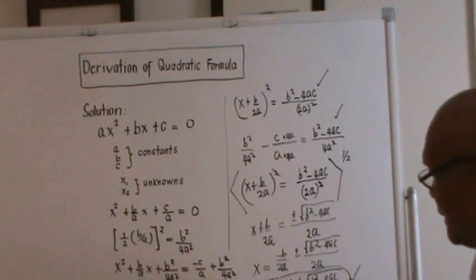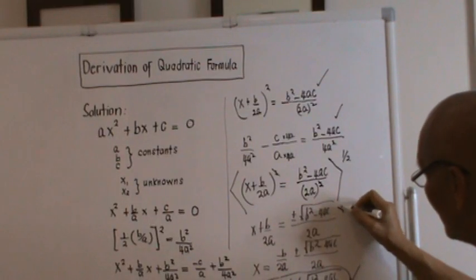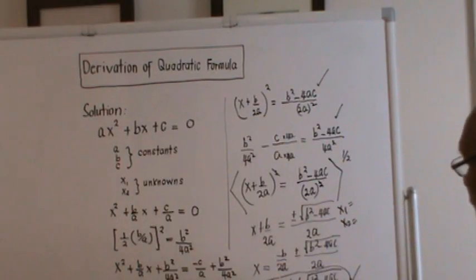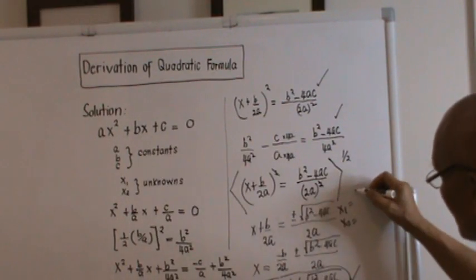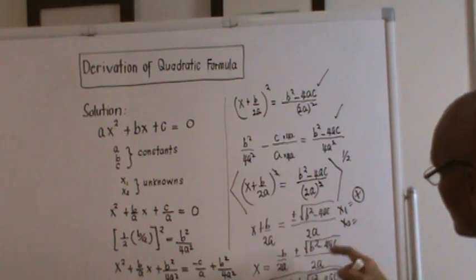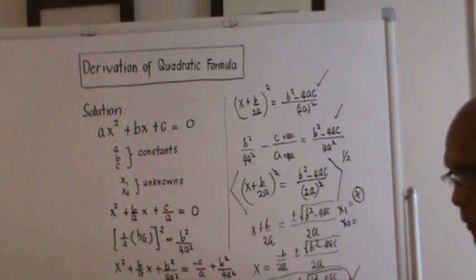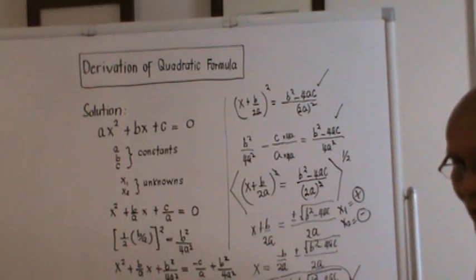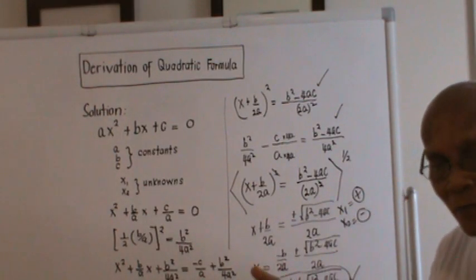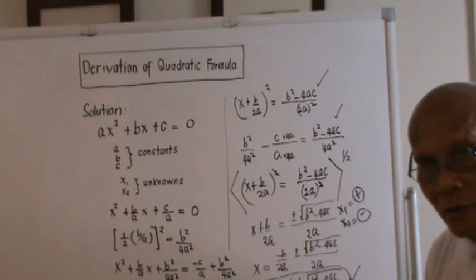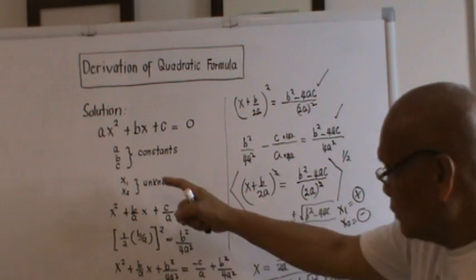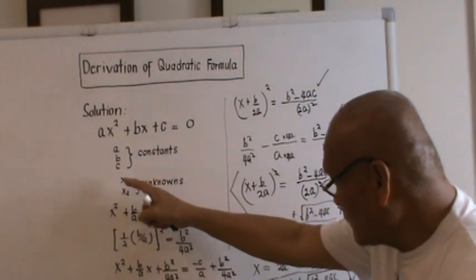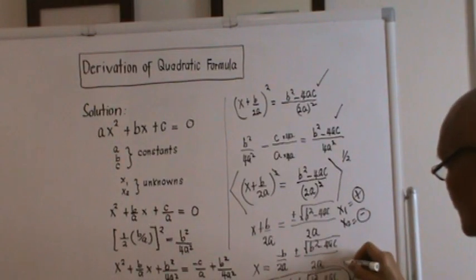And there will be two values of x. x1 will be equal to, x2 will be equal to. x1 will be by using the positive sign, and x2 will be, if we try to simplify the right hand side, by using the negative sign. So in general, under the study of algebra, if we are given a quadratic equation, and we know the values of a, b, c, to compute for the values of x1 and x2, we'll just use this formula here.